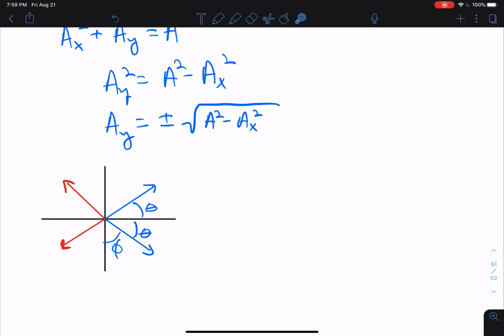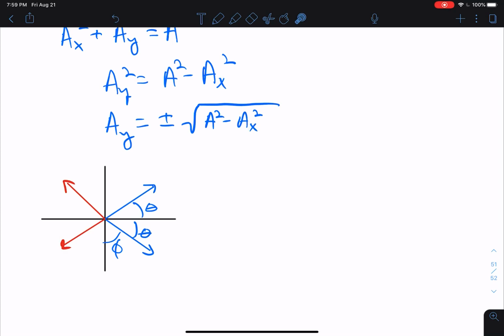Yeah. So it helps to draw the vectors out. Use a standard Cartesian coordinate system, you draw your axes, then you draw your vector. Which quadrant is it in? You draw it. Or in this case, I drew the two possibilities. And then I use that to inform my analysis, to help me figure out what the angles are and whether my components are going to be positive or negative, if I don't already know.